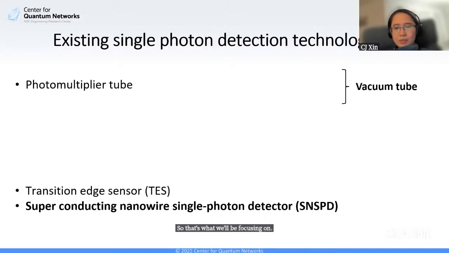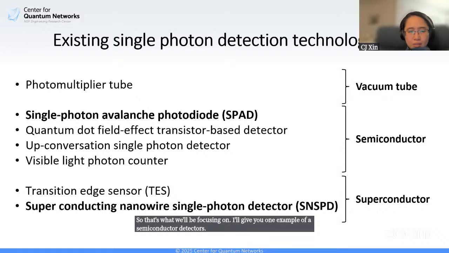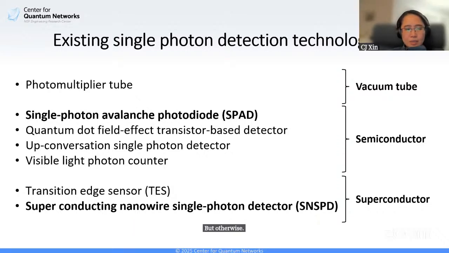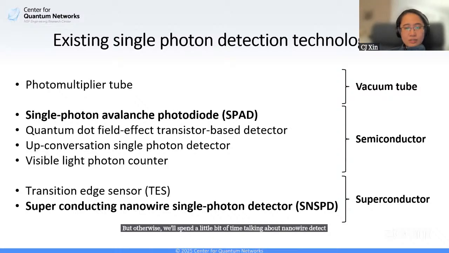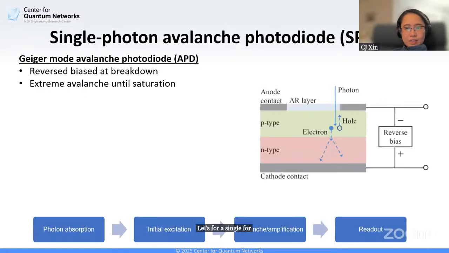I'll give you one example of semiconductor detectors, but otherwise we'll spend a little bit of time talking about nanowire detectors because these are the state of the art here. Let's take a single photon avalanche photodiode.